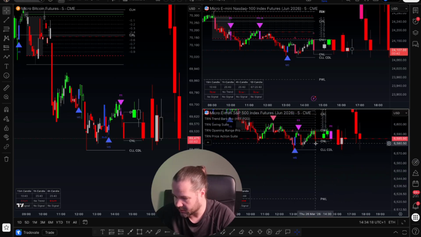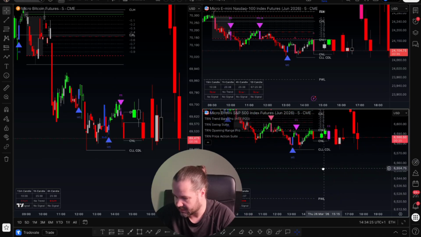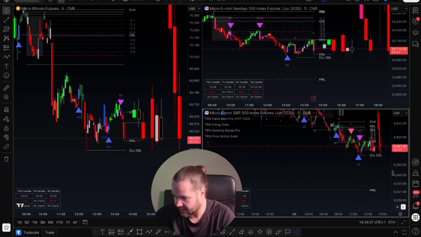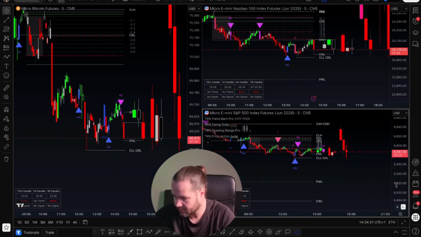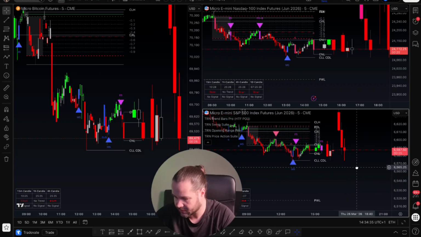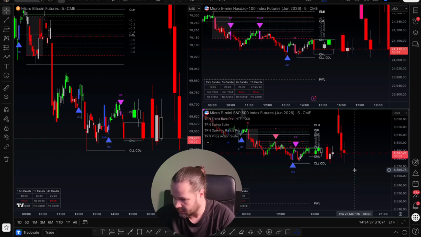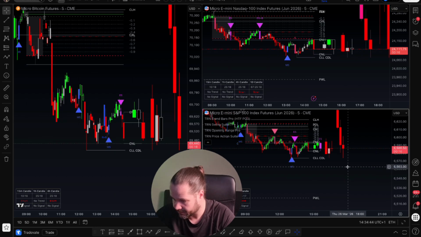So if we close with this bar right here in the red, then I will give it a try. It matches my bias. We're coming from a downtrend, if you see here. It's a valid signal with a nice risk-reward ratio. Let's see if we get a confirmation here.